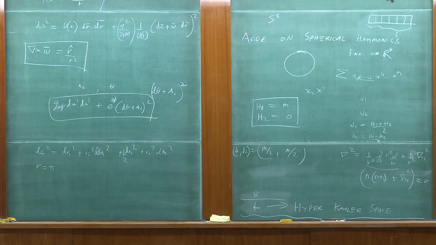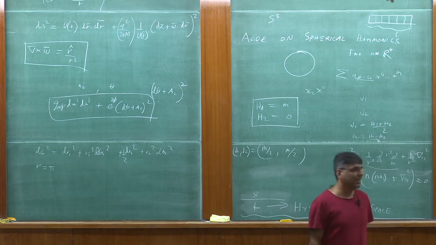Okay? So the two places at which you have to be careful are r equals pi and r equals infinity. What do you have to be careful about? Okay, so far we've just done some geometry. Any questions about the geometry? Now we turn to the physics, and then we'll see what we have to be careful about.